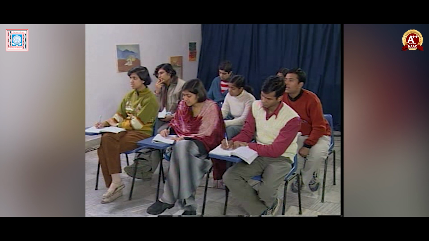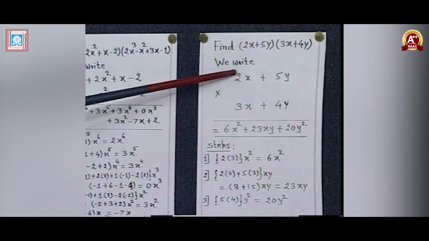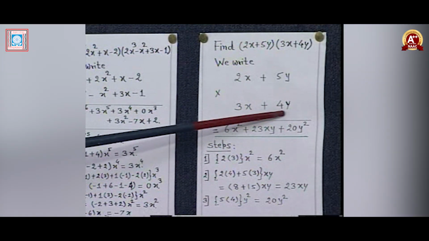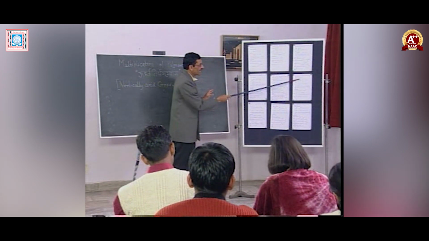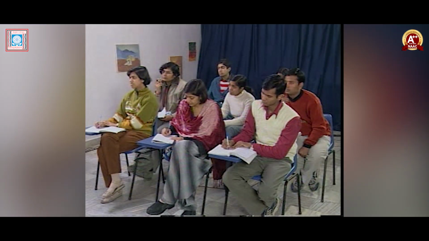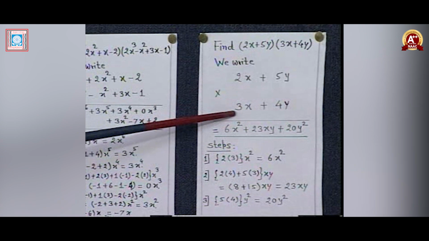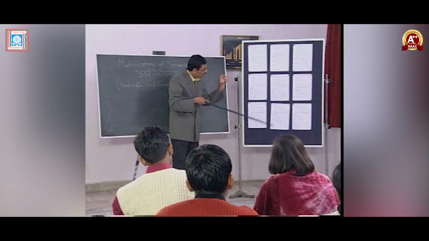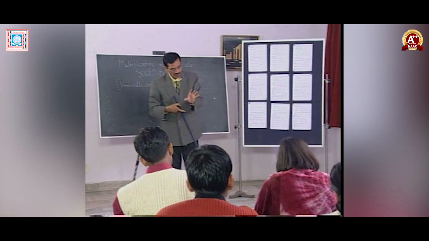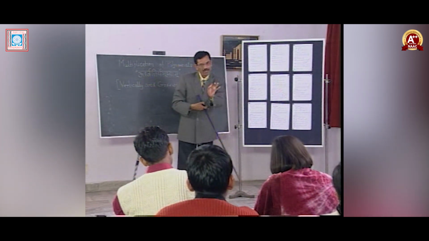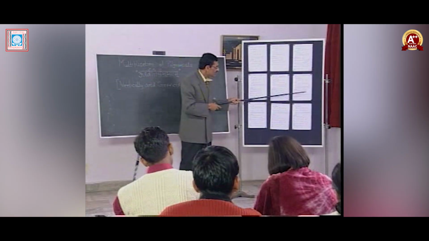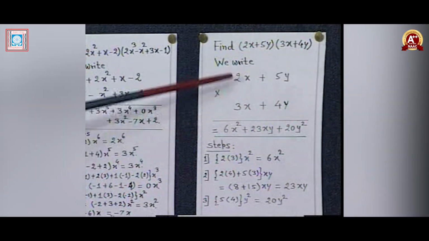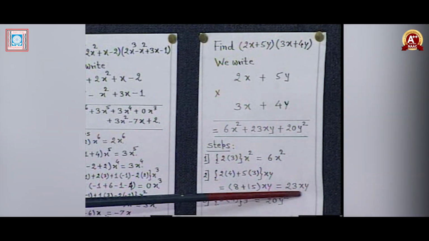It will be xy, because 2x into 4y actually we are doing is 8xy plus 5y into 3x, that is 15xy. So first multiplication crosswise of the numbers, and then think of the variable multiplication. So we get the answer for the second step is 23xy.